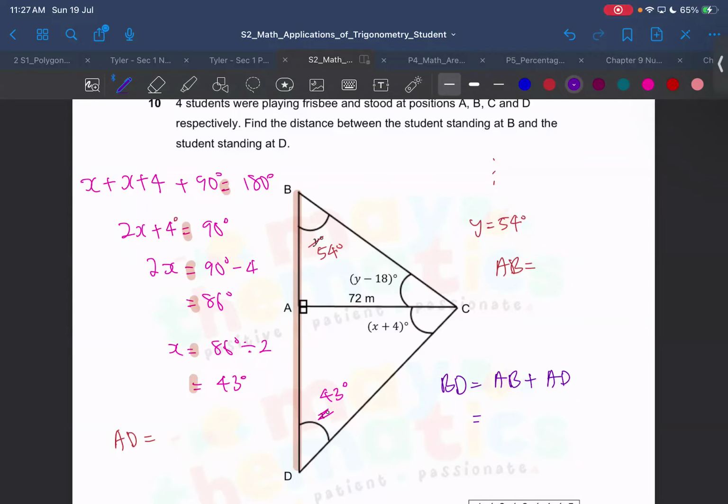AB is adjacent, right? So this one, you are using this angle, right? Because this I don't know yet. As in, I already know what is this. So this one will be what? Opposite. Then this one will be which one?